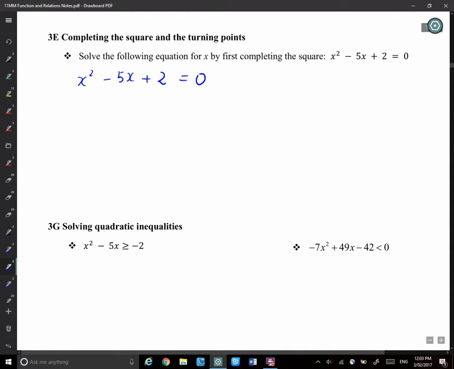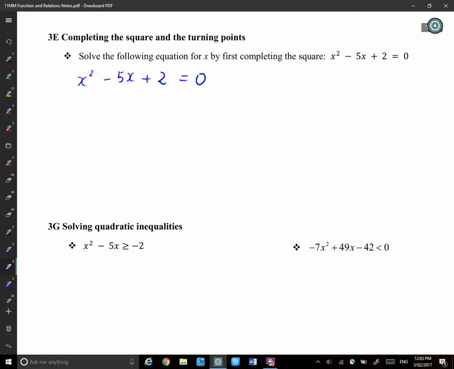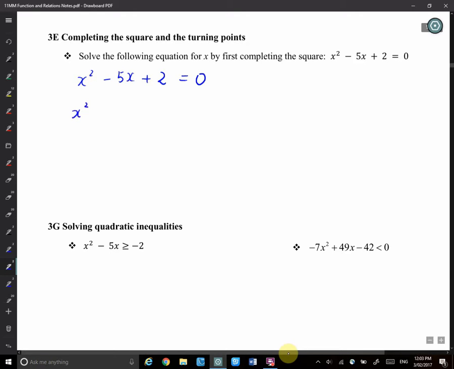I'll check first: do I have coefficient 1 in front of the x squared? We have 1. Yes, that will be the easy case. I can factorize that easily. So I will keep the first 2 terms.